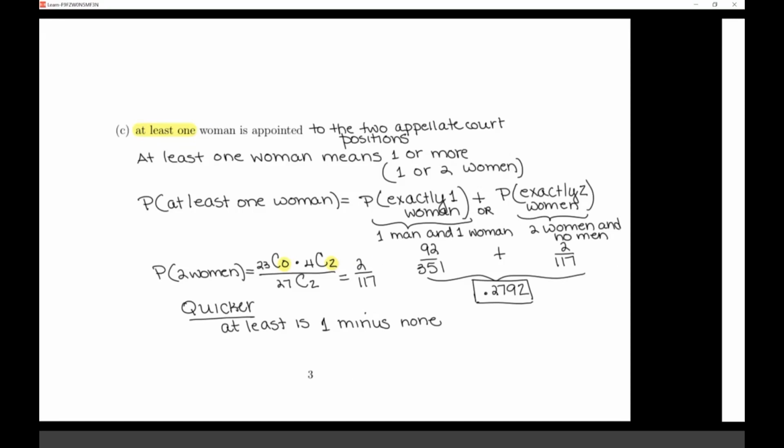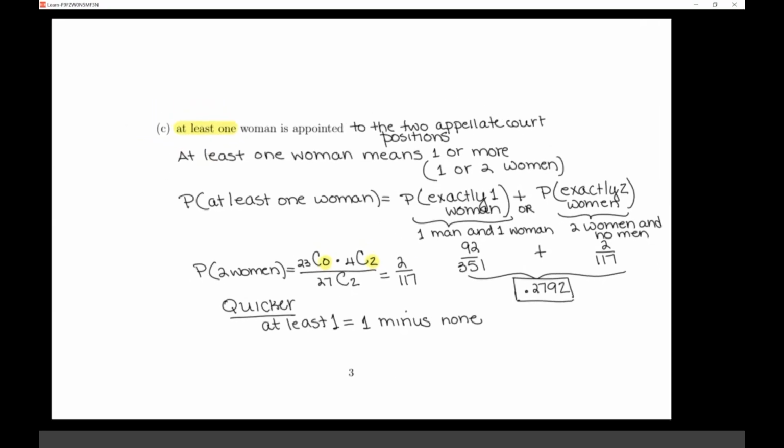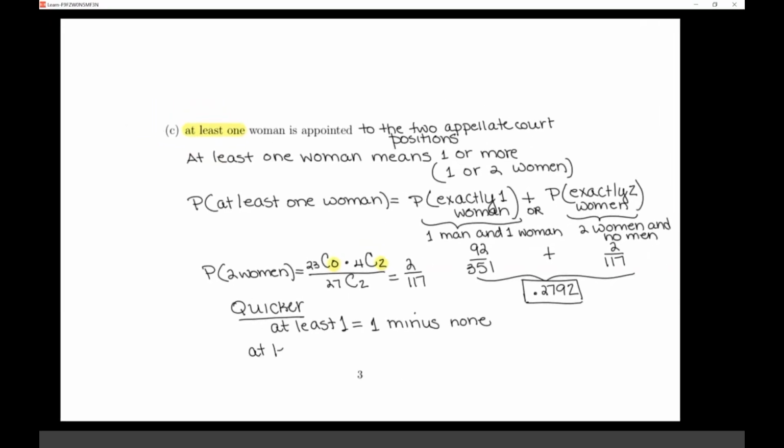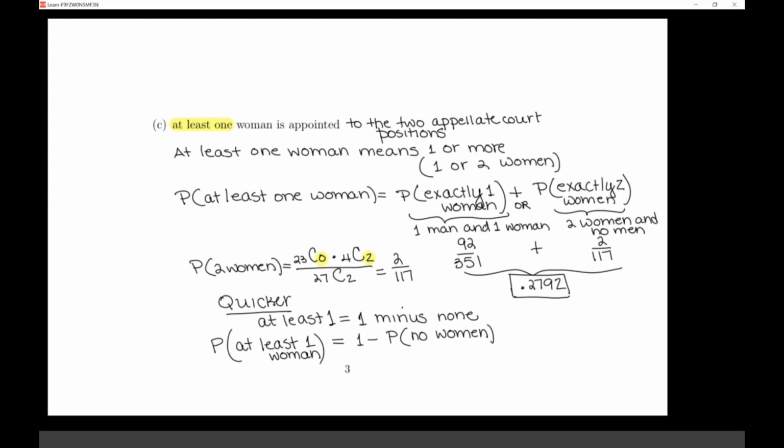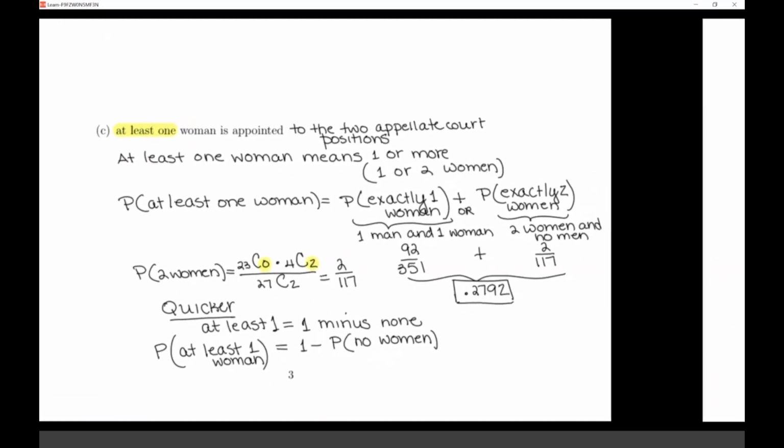So at least one is one minus none. So I'm going to say the probability of at least one woman equals one minus the probability of no women. Everybody understand the logic of that? At least one is one minus none.